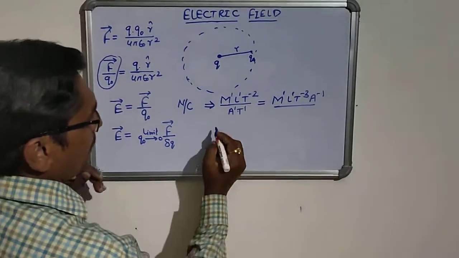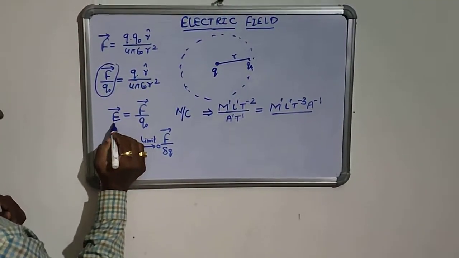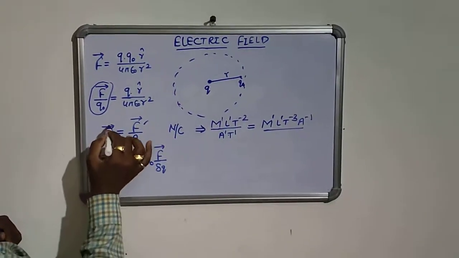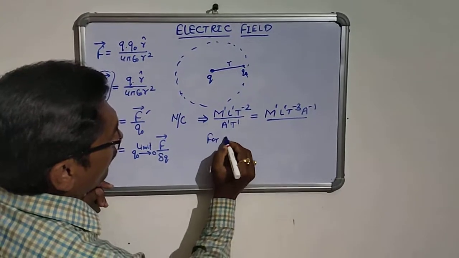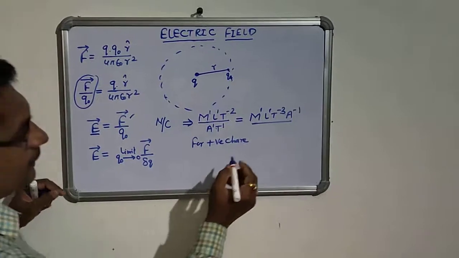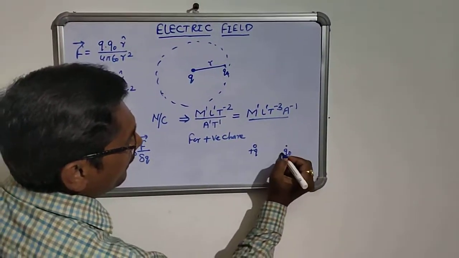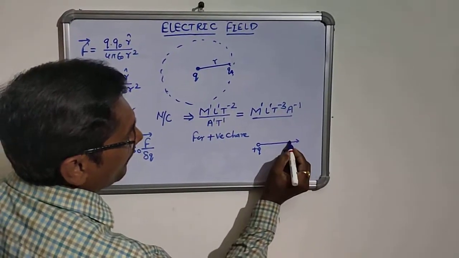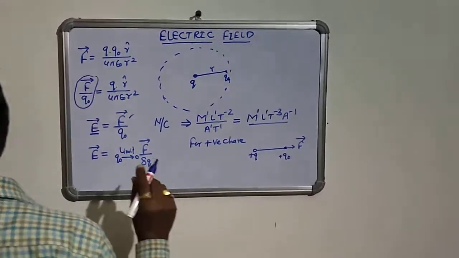For positive charge, the direction of electric field, listen carefully. The electric field is a vector quantity and it is dependent on the direction of force. That means the direction of electric field for positive charge: suppose this is plus Q charge and this is a test charge, which is also positive in nature. The electric force is in this direction and the direction of electric field is also in this direction.